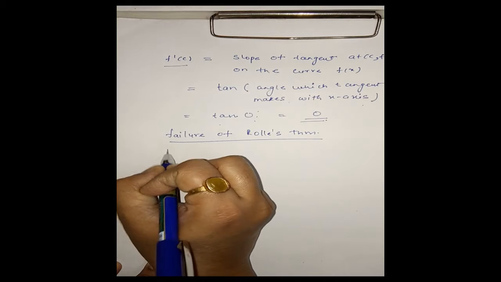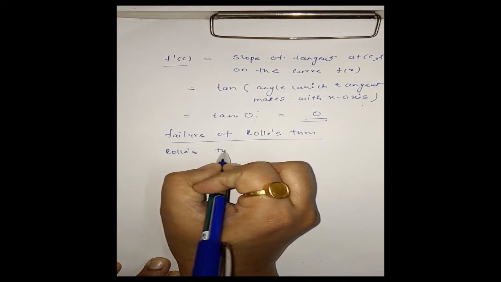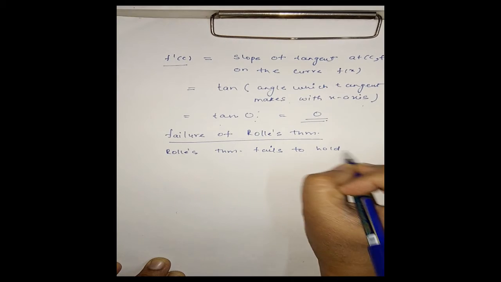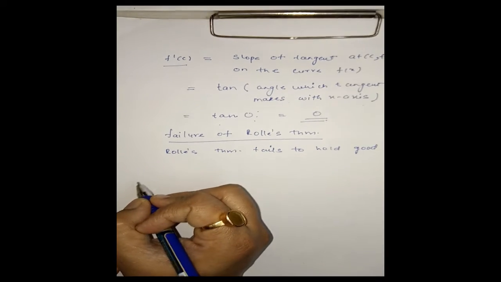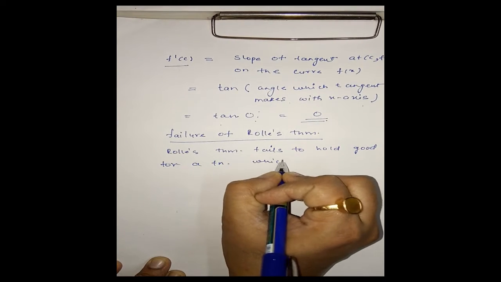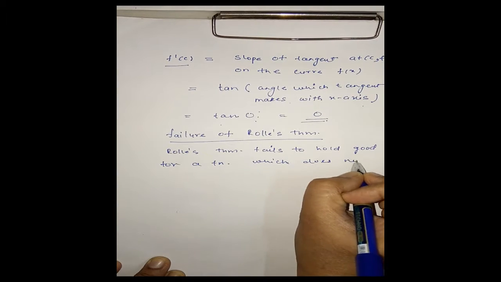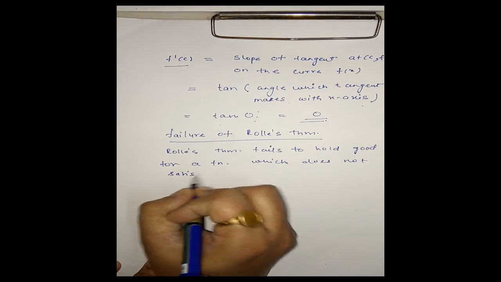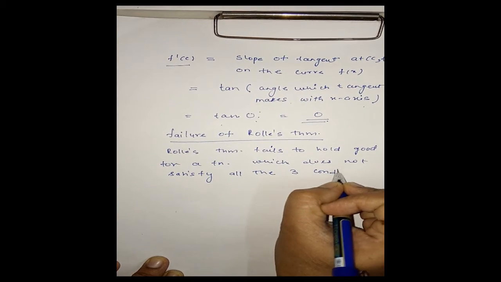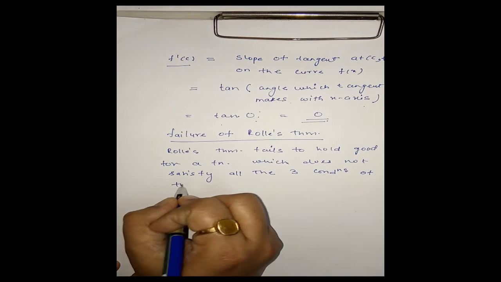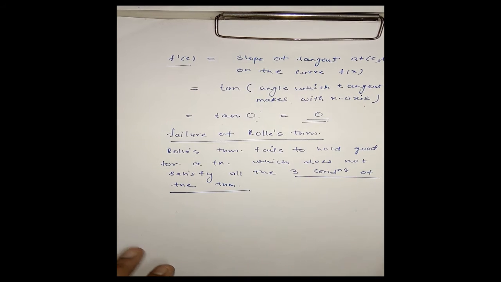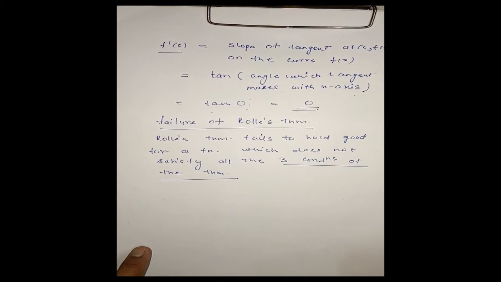Rolle's theorem fails to hold good for a function which does not satisfy all the three conditions of the theorem, meaning continuity, differentiability, and f of a is equal to f of b.